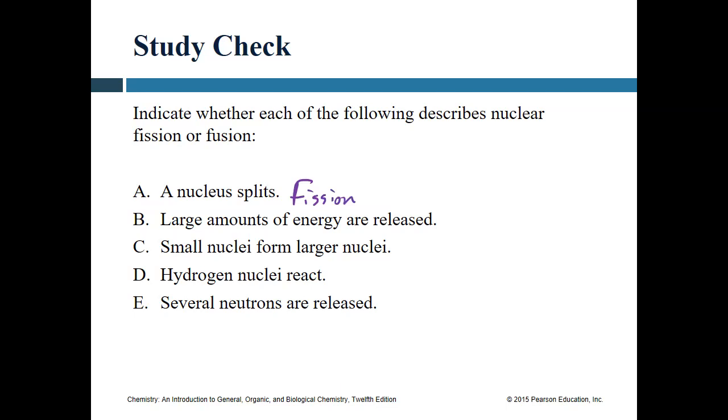If large amounts of energy are released, is that fission or fusion? It's both. Now, I think the book is probably making the argument that fusion releases more energy, but I don't think anybody here would argue against the fact that fission creates a ton of energy.